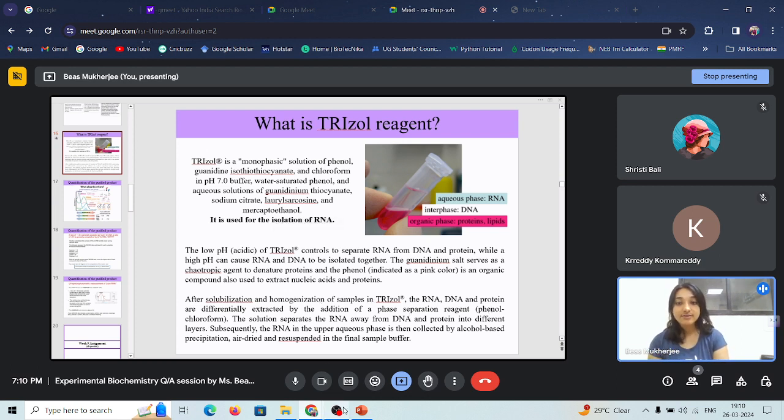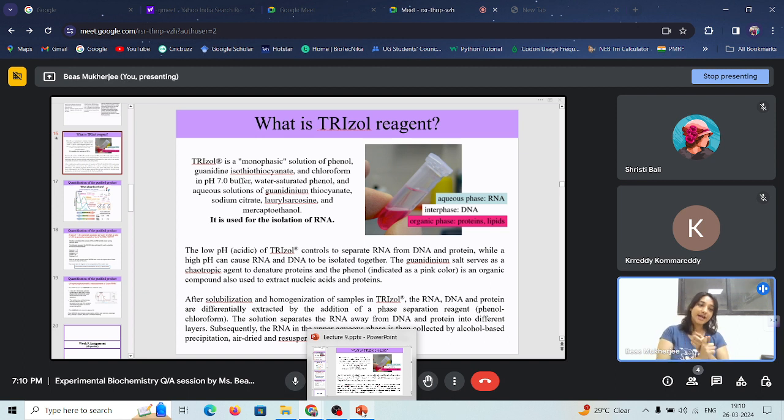Fine. Then we will see, now we have isolated RNA, we have isolated genomic DNA, we have isolated plasmid DNA. We have isolated all of these. Now how do we know how good our isolation process was? So we need to know two things: how much DNA is there and how pure is the DNA. So how much DNA or how much RNA is there, that you can know from your absorbance test.